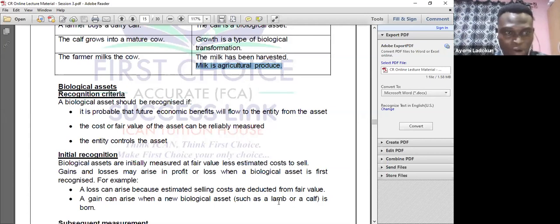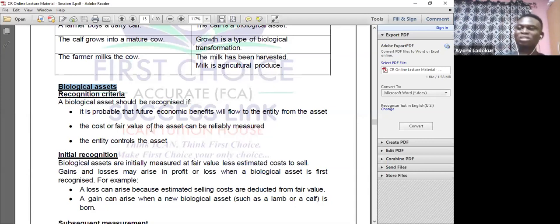Now, before you can recognize a biological asset in your books of account, three conditions must be met. Number one, it must be probable that future economic benefit will flow to the entity from the asset. Number two, the cost or fair value of the asset can be measured reliably.